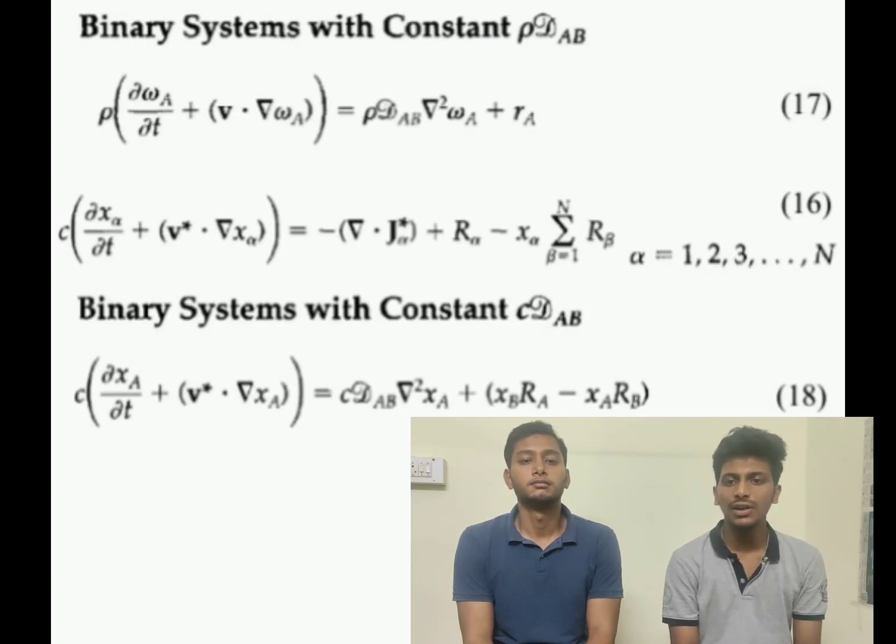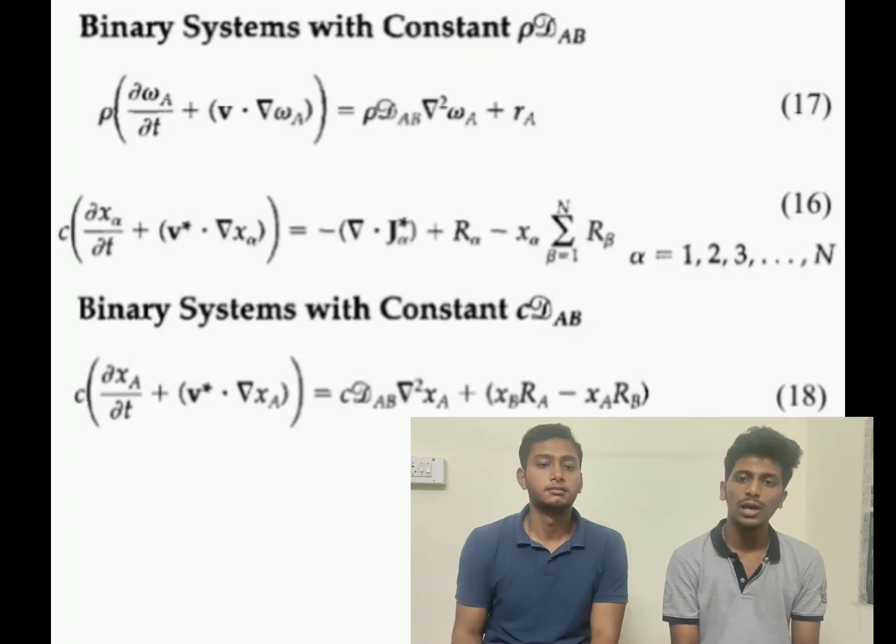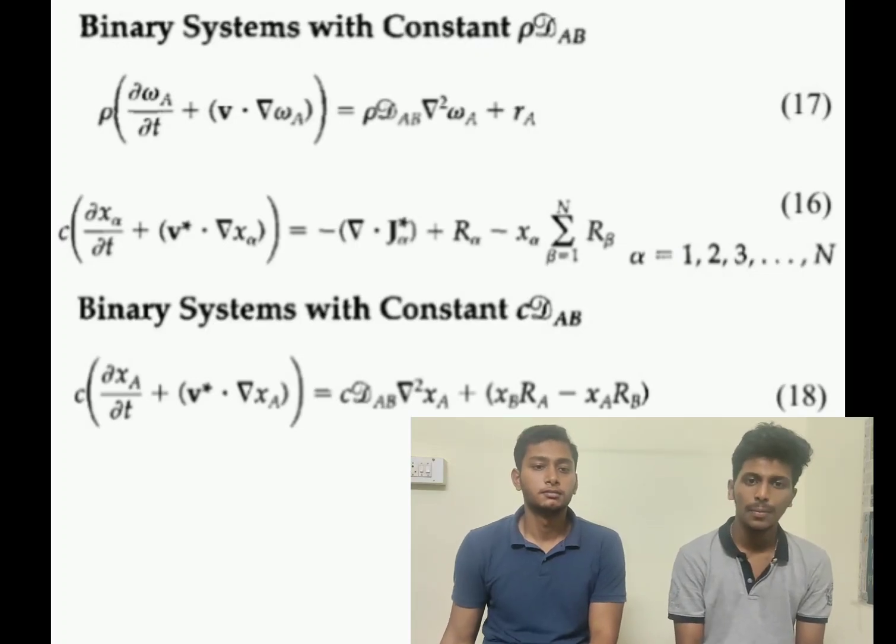It's the scaling factor because we are dealing with the mole fraction, and ∂xA/∂t is the local unsteady state change of mole fraction over a period of time, and V* dot ∇xA is the convective transport, how species A is carried along by the molar average velocity field.